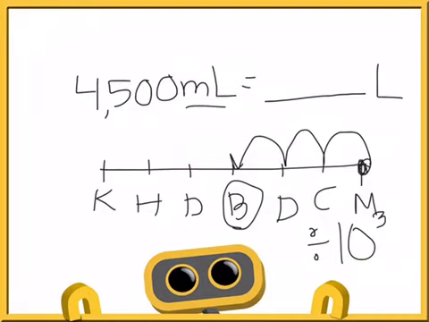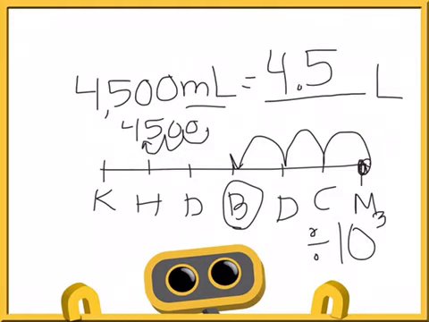Anytime your number gets smaller, you're dividing. Anytime your number gets bigger, you're multiplying. So I'm going to take 4,500. My decimal is located at the end. And I'm going to move my decimal 1, 2, 3 places to the left. Therefore, there are 4.5 liters in 4,500 milliliters. Hopefully you're starting to get the hang of this.